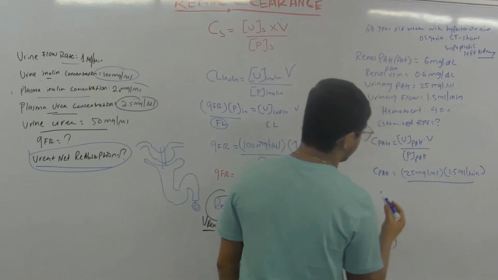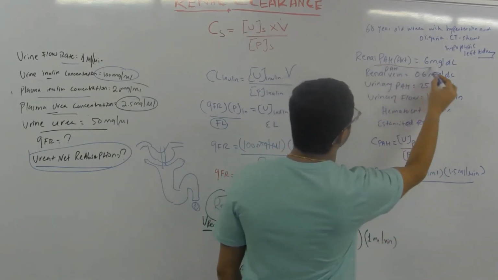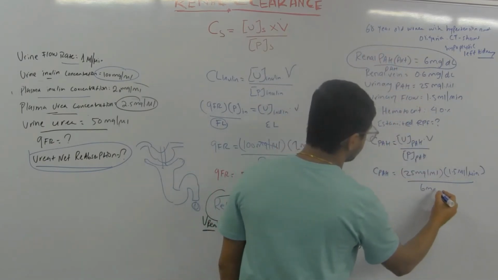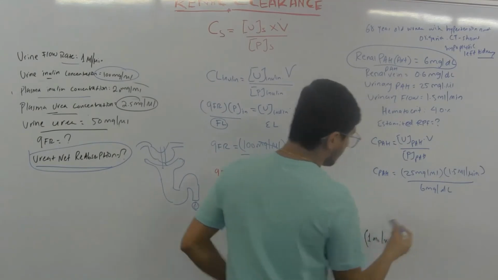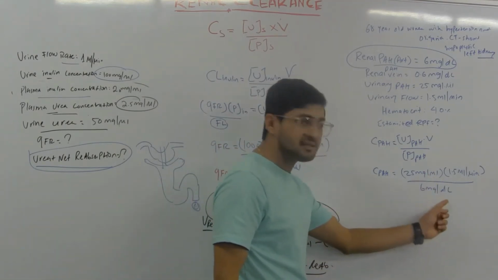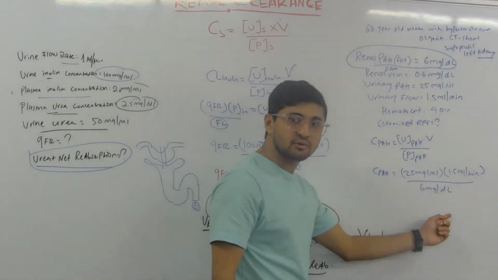Now, divided by, what is my plasma PAH? Renal plasma right here, PAH on the arterial side, not on the vein. That's 6 milligrams per deciliter. Look, this is the key concept here: the units have to be exactly the same, the ml and deciliter. So 1 ml is equal to 0.1 deciliter.